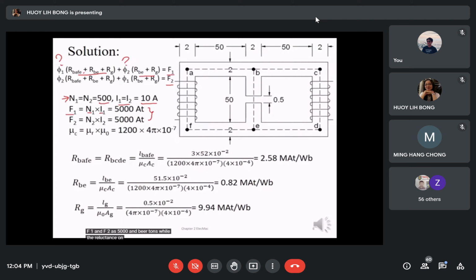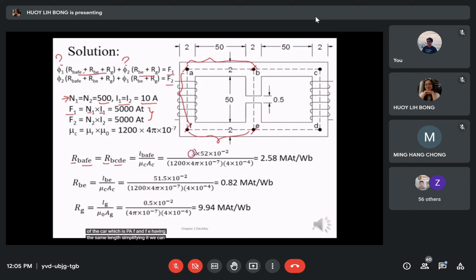While the reluctance on the left core has the same dimension as the right core, hence they have the same value. Determining the length for the reluctance BAFE, we can see that it's made out of 3 sections of the core, which are BA, AF, and FE, having the same length.